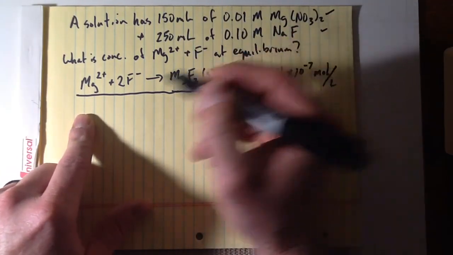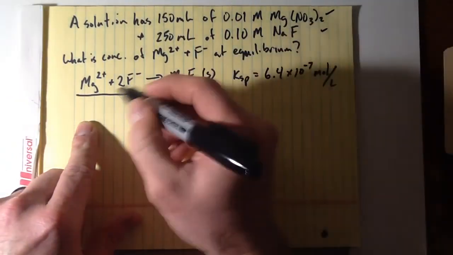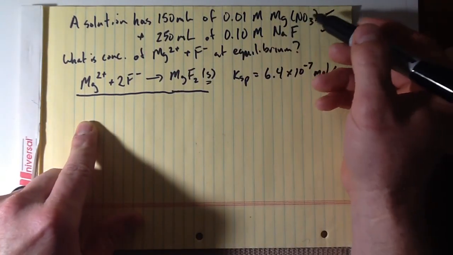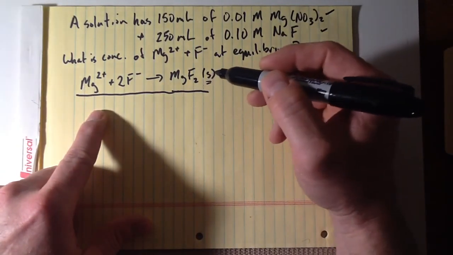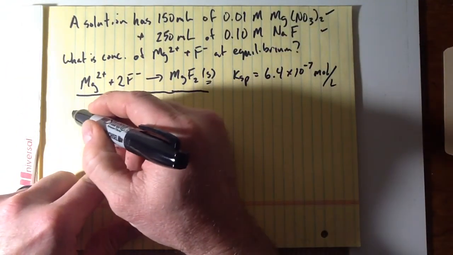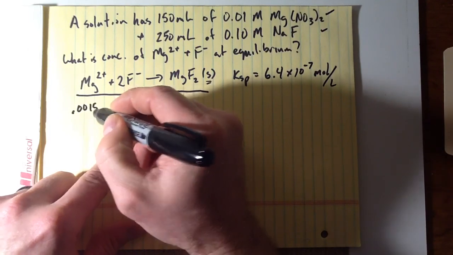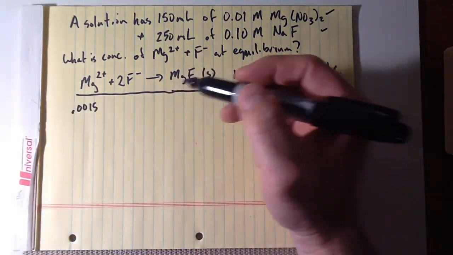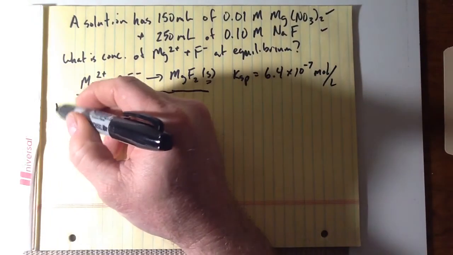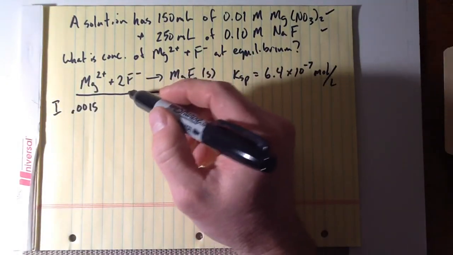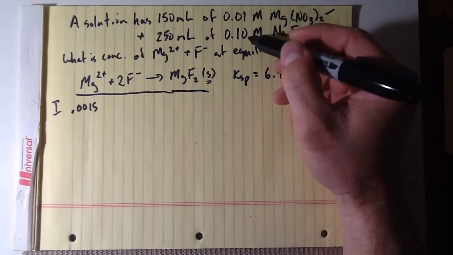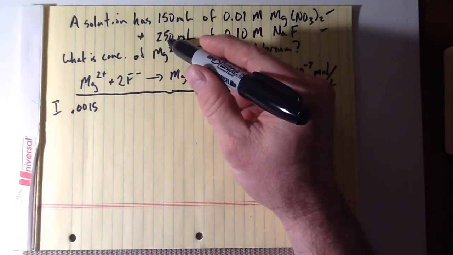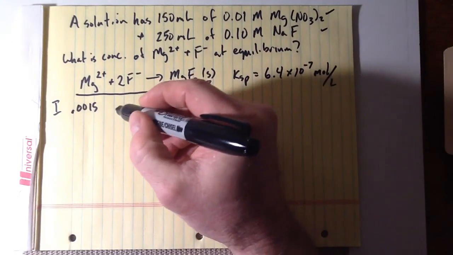For the magnesium, and I'm not worried about the nitrates' concentration, which would be double that, just what's precipitating out, you get 0.0015. You can do the same thing, mole amount initially, for fluoride. They give us 0.10 times 0.250.